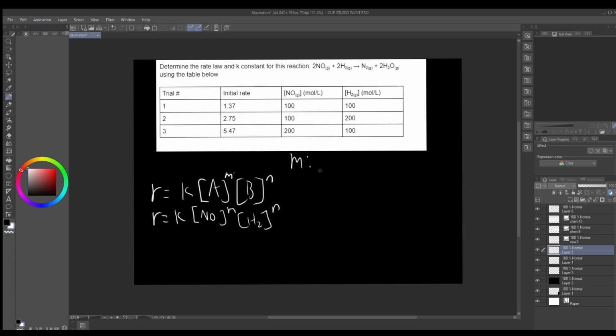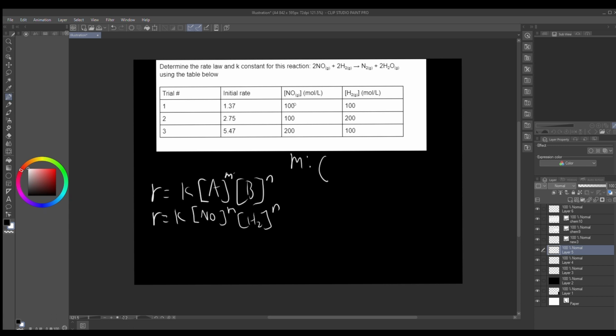To do that, as I said before, some people might think about putting the coefficients here as the exponents, and that is not correct. Let's say we're finding the exponent for NO first.